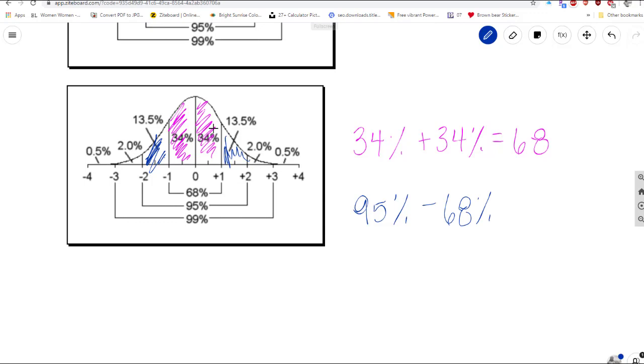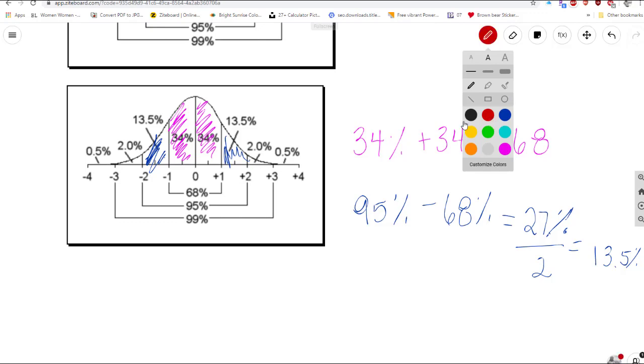Basically what we're doing is we're subtracting this pink, and we're going to end up with 27%. And if we divide that in half, we're going to find that each of those halves comes out to 13.5%. Okay, so far so good.